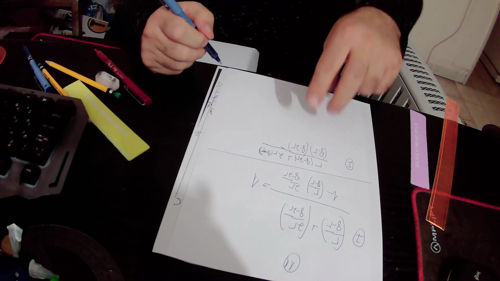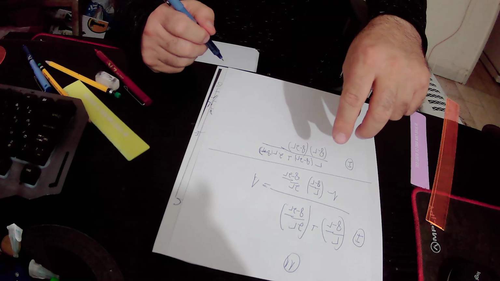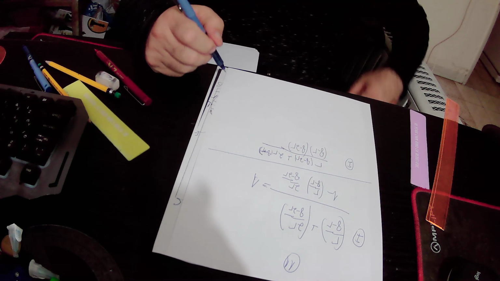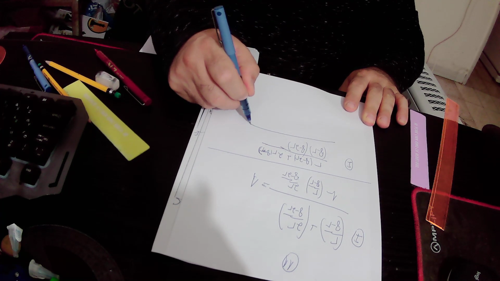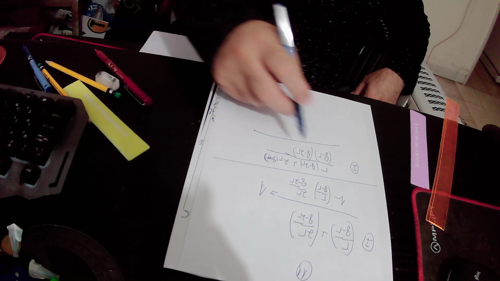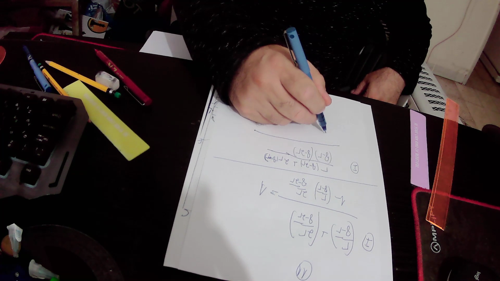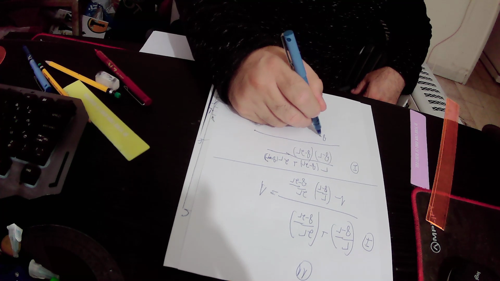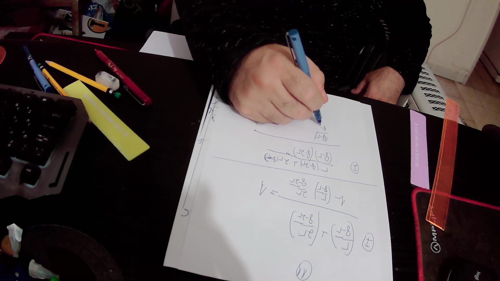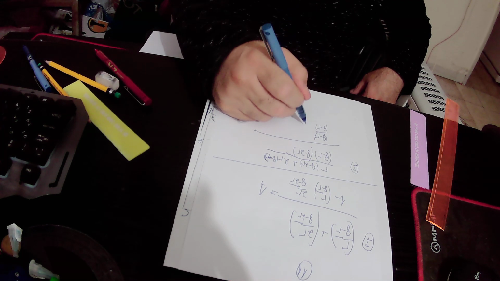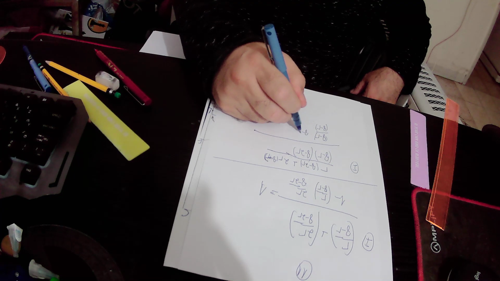Then we will substitute 1 by 8 minus R over 8 minus R, which equals 1 of course, and multiply it by 8 minus 2R over 8 minus 2R.